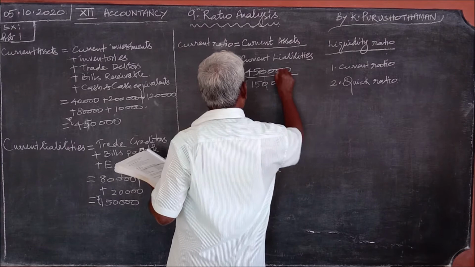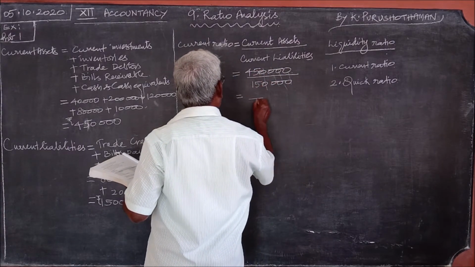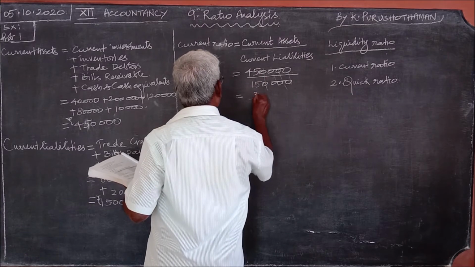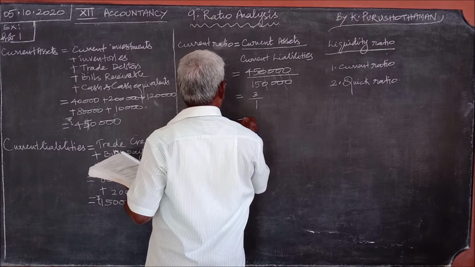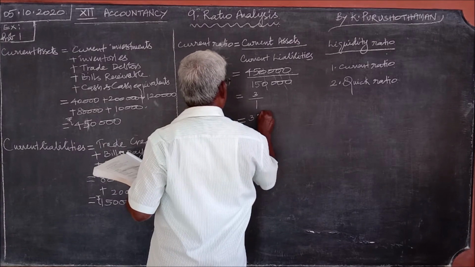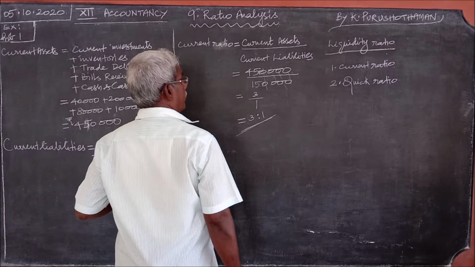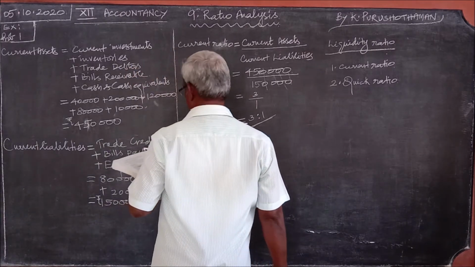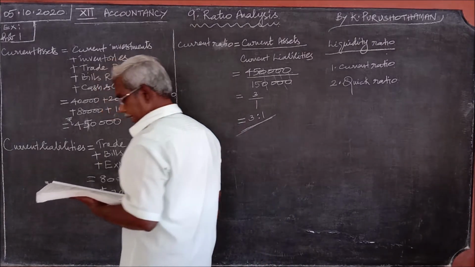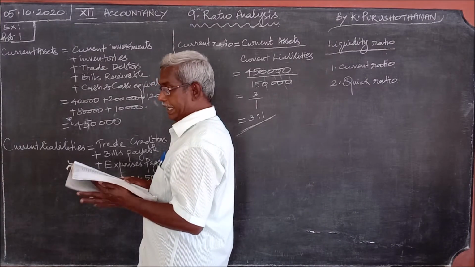All the 4 zeros are cancelled. Here 1 into 15, here 3 into 15. 3 by 1 it is equal to 3:1. This is the current ratio, the current ratio for the particulars given. Then we shall pass on to the second method now.